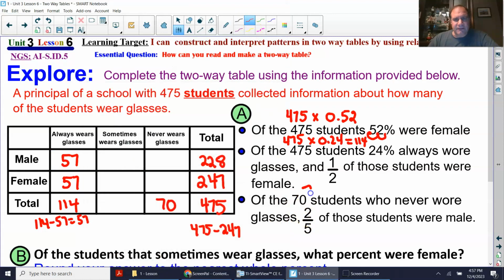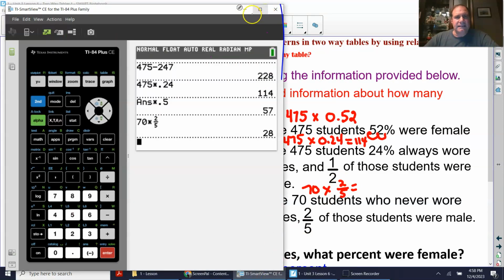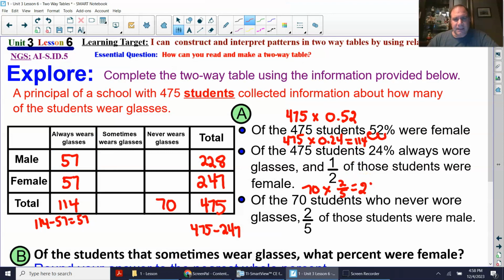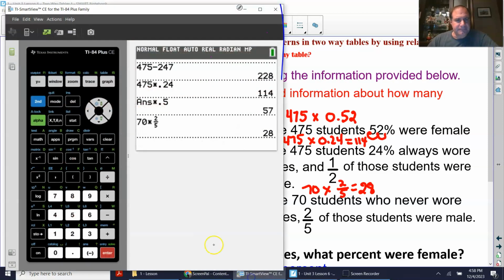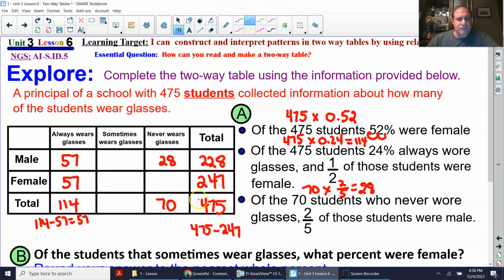So if this was 70 times 2 over 5, and we have 28 down as those students were male, I could take 70 minus 28 right away and get 42. 70 minus 28, and that would equal 42. So that means 42 of them were female.